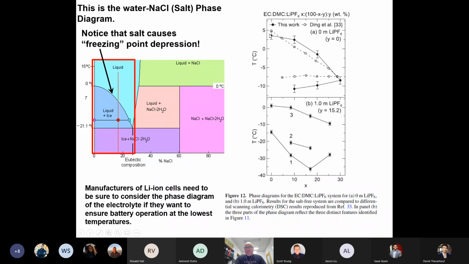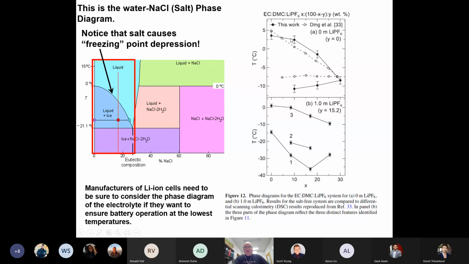And then as you increase the EC content, you have a liquidus line where the freezing point gets depressed, just like in water with salt, the freezing point gets depressed. So this is called freezing point depression. And if you cool below this point that you see here, you end up with a mixture of solid DMC and a liquid with a higher EC content than you had before.